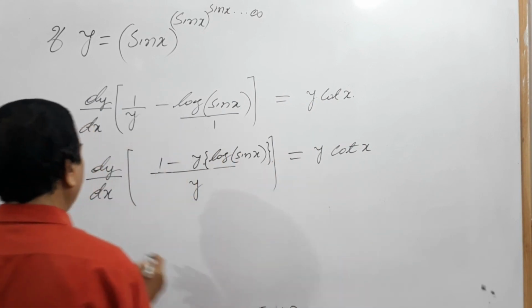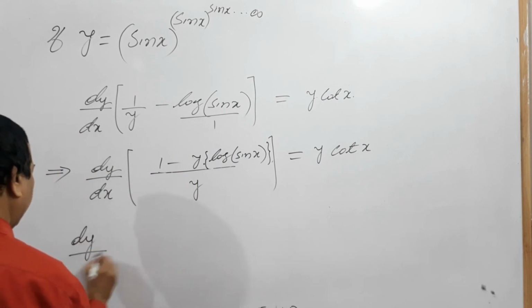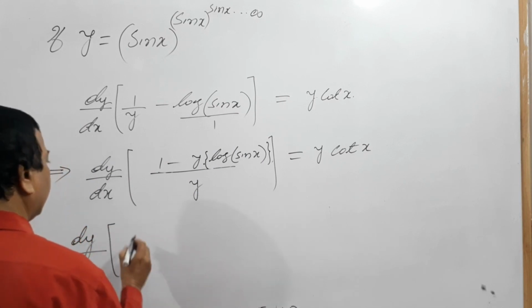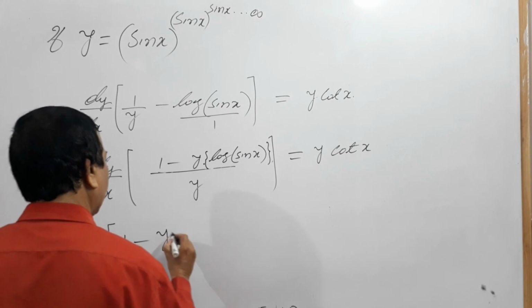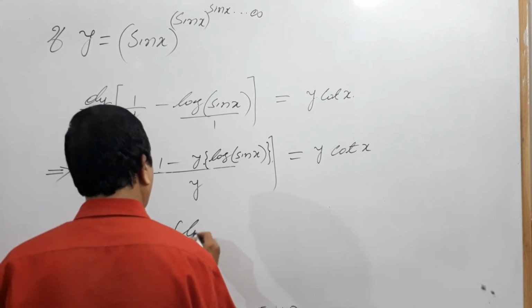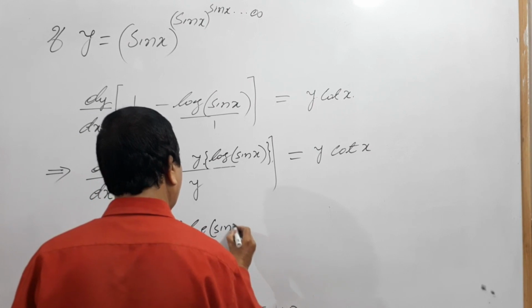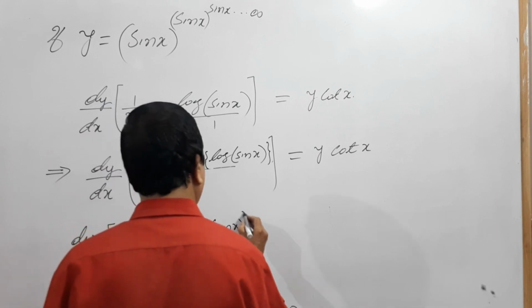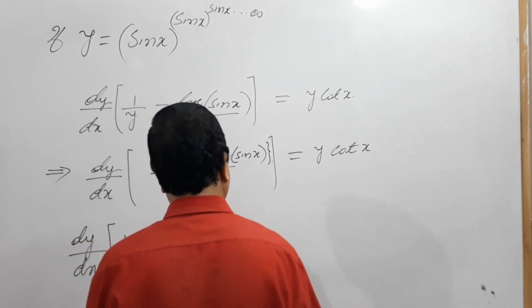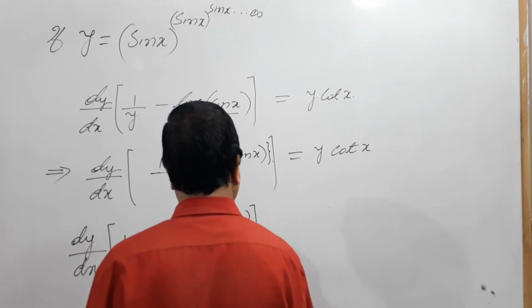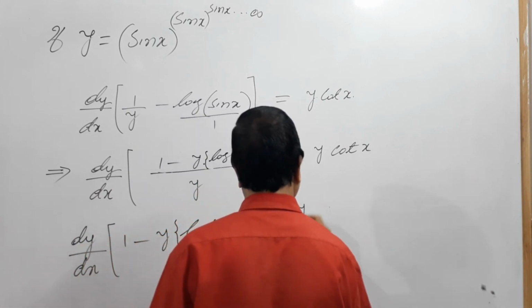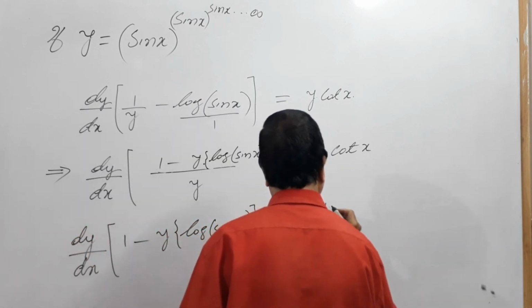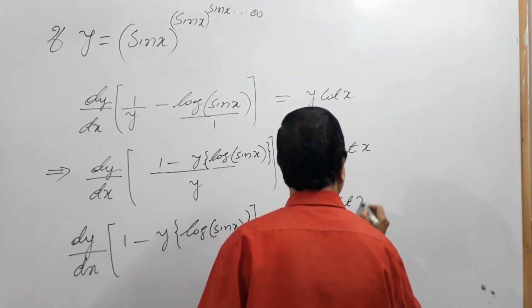So cross multiply. dy by dx, I'll take one more step. So 1 minus y log of sin x, I'll use a flower bracket, equals y into y cot x.